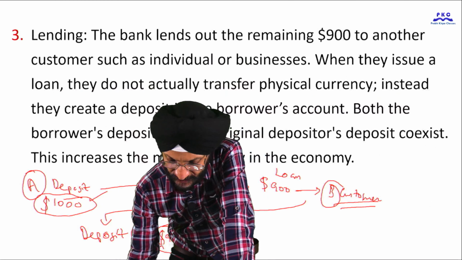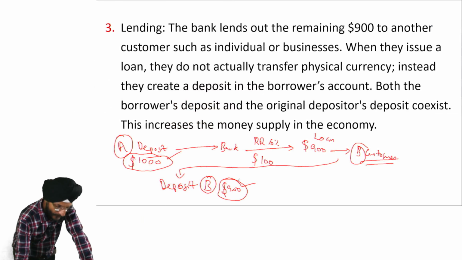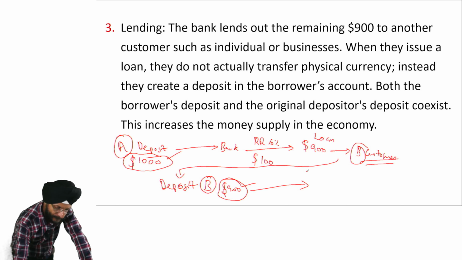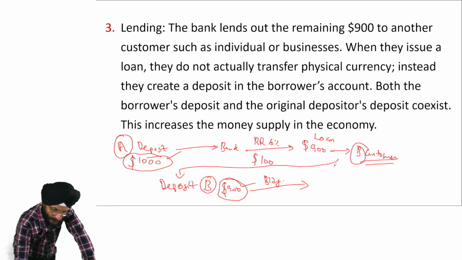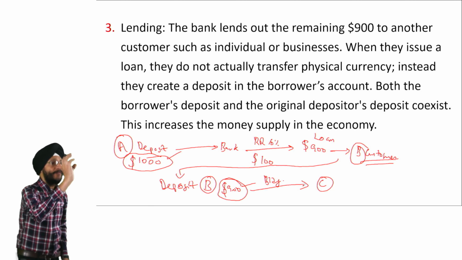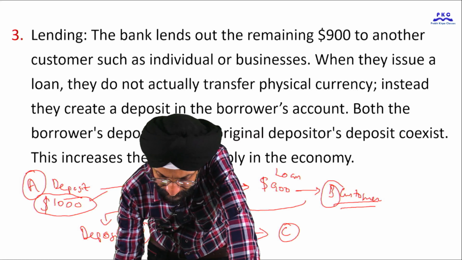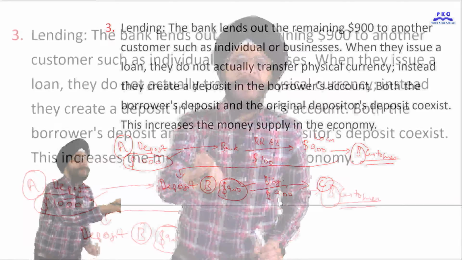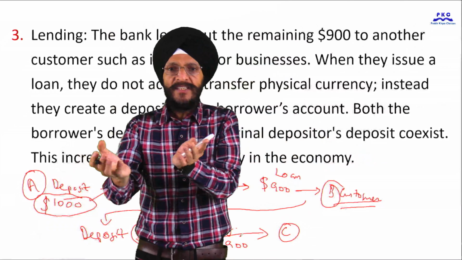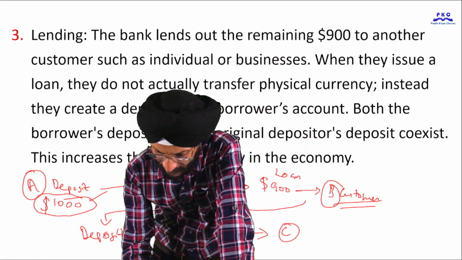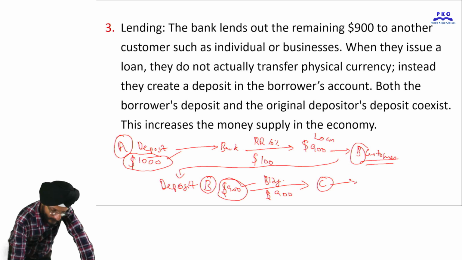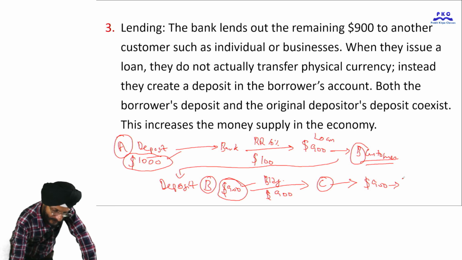Suppose this amount is with B. It is possible that this customer purchases some building from a person named C, and this whole amount is given as purchase money. Now the seller C has received this $900. So C will deposit it in another bank, say bank X.